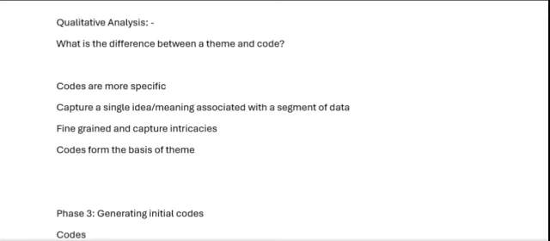Websites: Braun and Clarke Thematic Analysis website, https://www.thematicanalysis.net/. References. Braun, V. and Clarke, V. 2006. Using Thematic Analysis in Psychology. Qualitative Research in Psychology, 3, 2, 77-101. Braun, V. and Clarke, V. 2019.